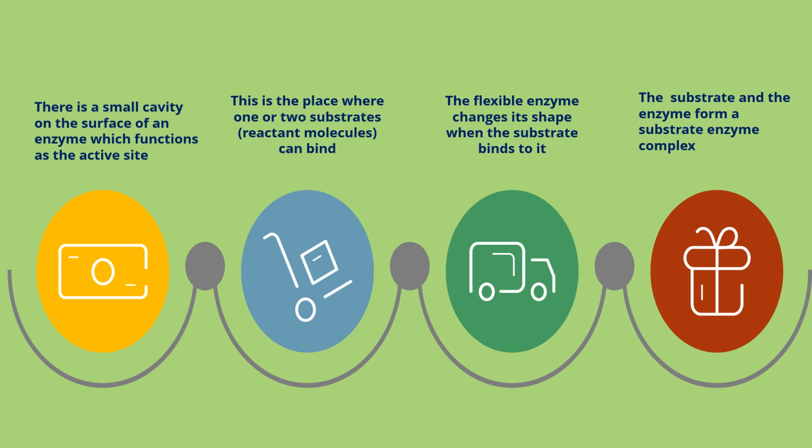The flexible enzyme changes its shape when the substrate binds to it. This is one kind of hypothesis. The substrate and the enzyme form a substrate-enzyme complex. The change in shape can be because of different kinds of models which have been researched.